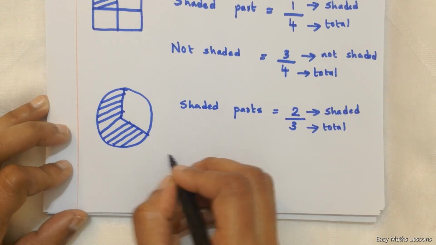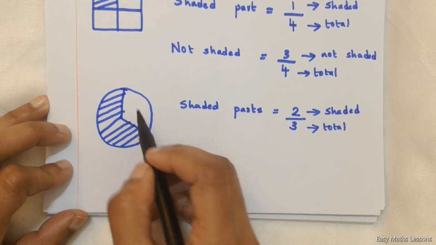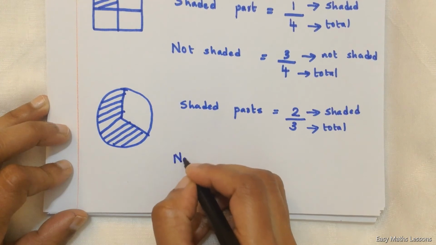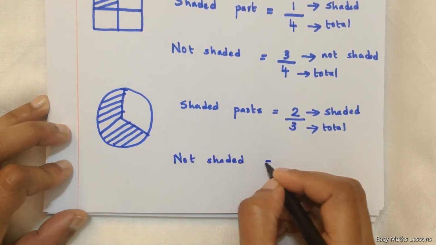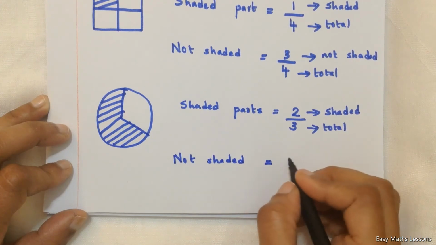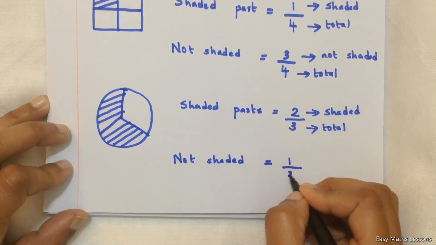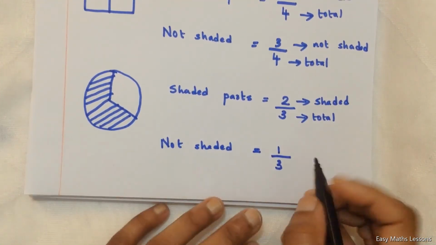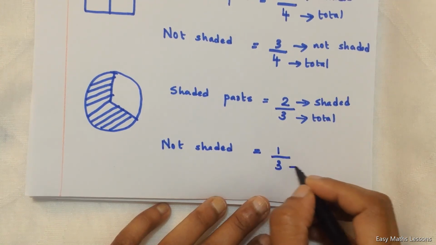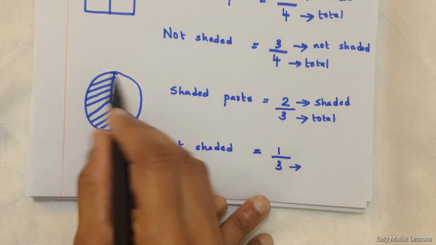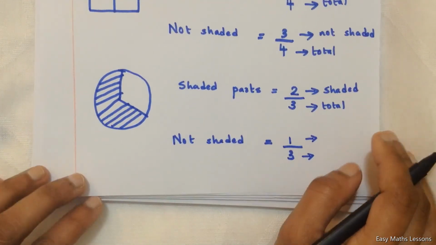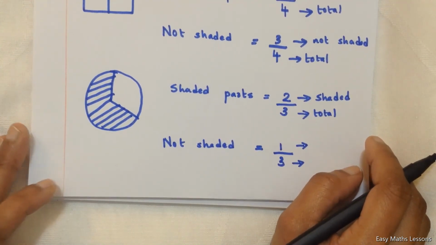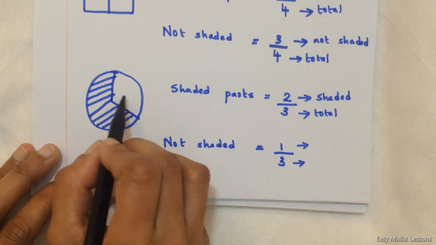Now, how can you represent the part which is not shaded? So, the part which is not shaded can be represented as 1 by 3. In the bottom part, which is the denominator, we have to write the total number of parts, and in the top part, which is known as numerator, is the number of parts which are not shaded.